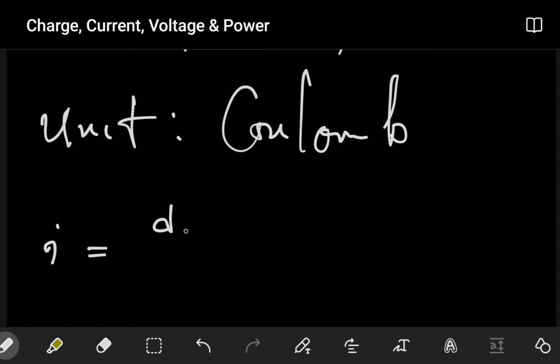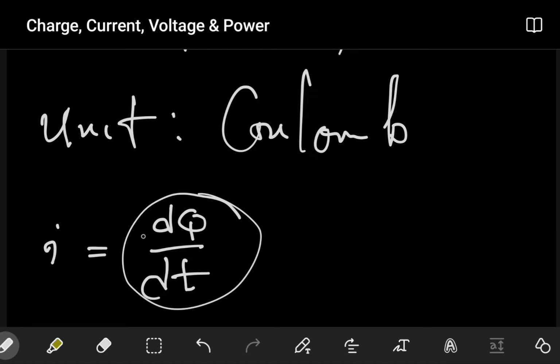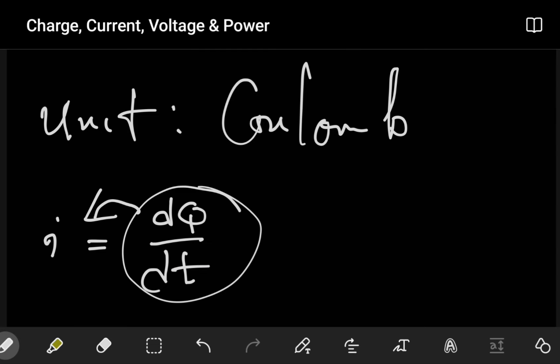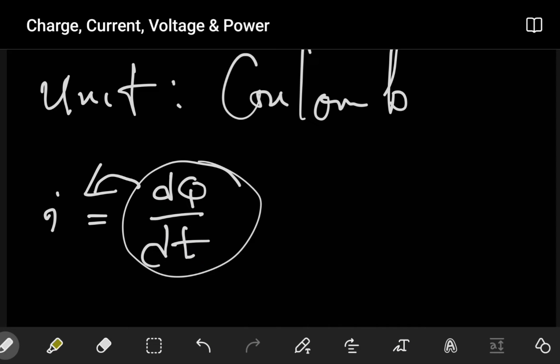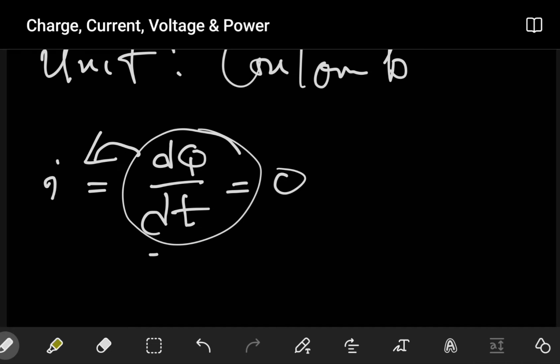If you looked at the rate of flow of charge with respect to time, then this is what brings about current. But if this rate is constant, if there's no change in the flow of charge, then this becomes equal to 0. In this case, the current that is flowing is considered to be a DC current, a direct current, where there is no change in the flow.